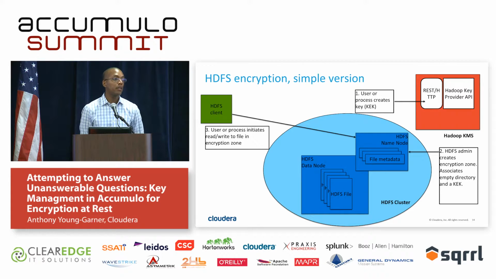So all encryption and decryption happens on the client side, never on the server or on the name node. So this prevents the HDFS administrator or anyone on the network or anyone who has access to the name node from getting access to encrypted data.